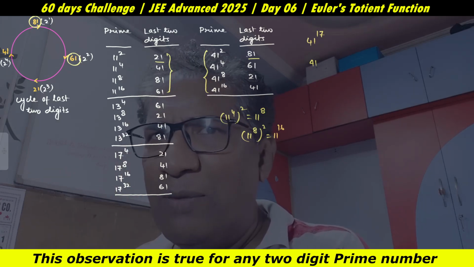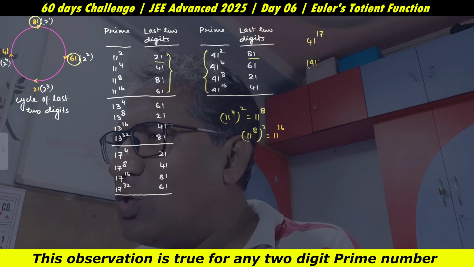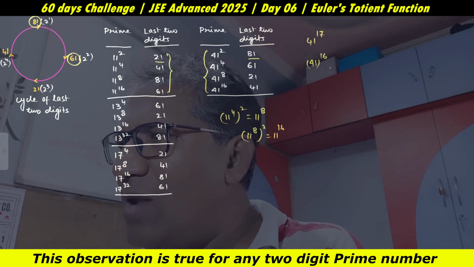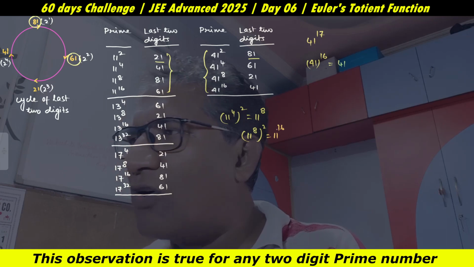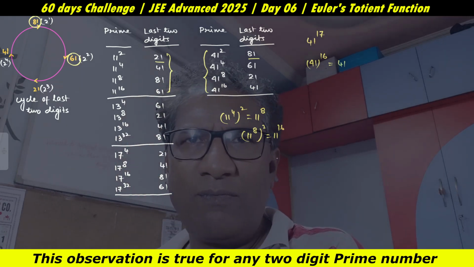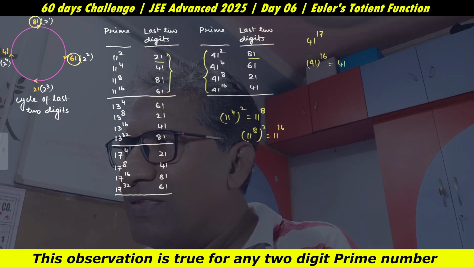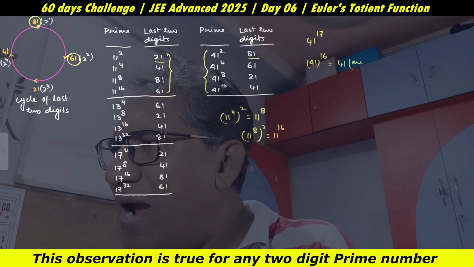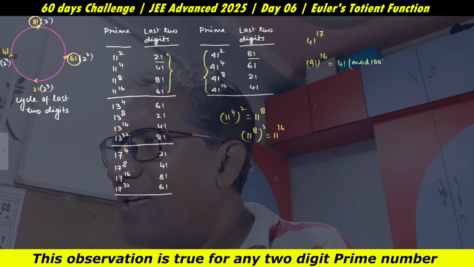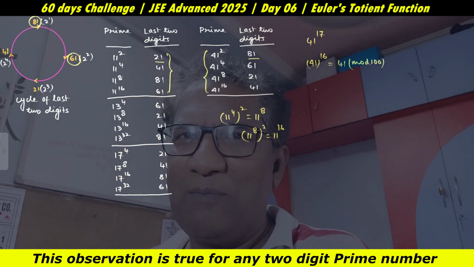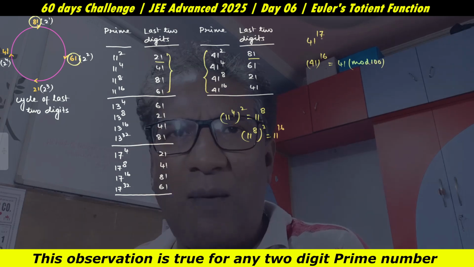Now, 41 to the power 16, as we have calculated, the last 2 digits will be 41 again. Yes or no? So 41 to the power 16, when divided by 100, the last 2 digits is 41. But we have to reach 41 to the power 17.